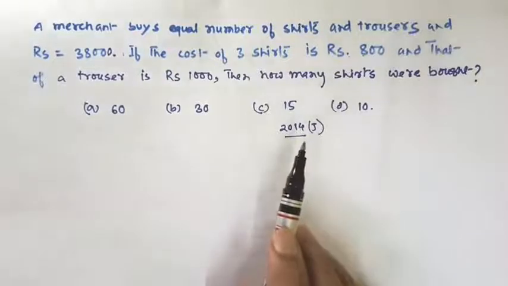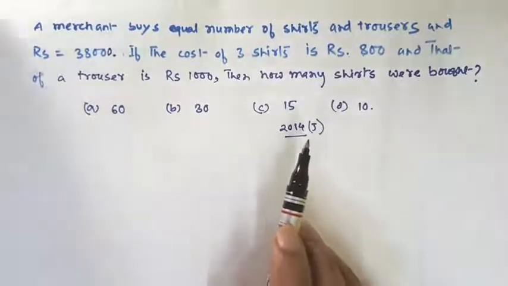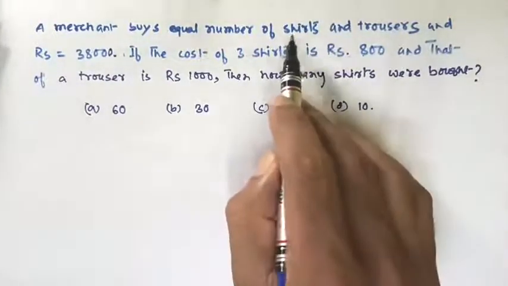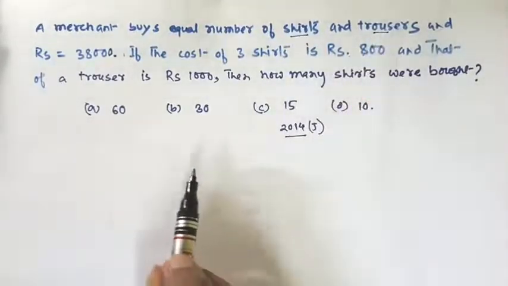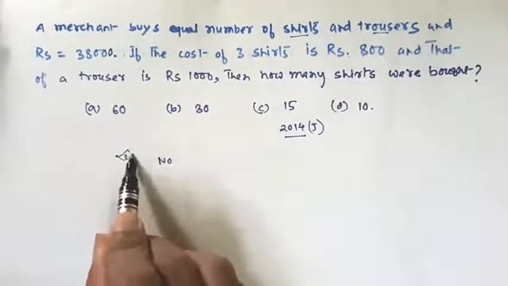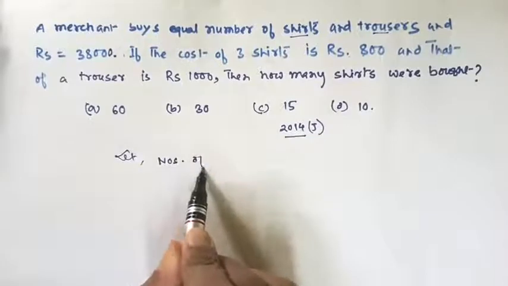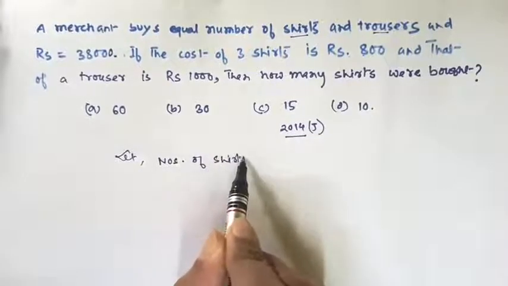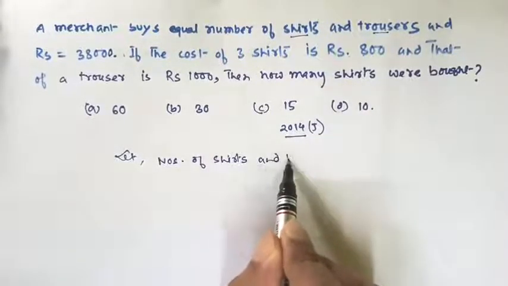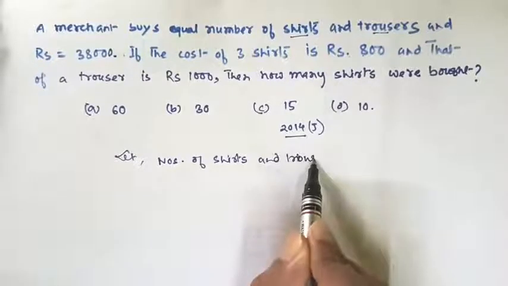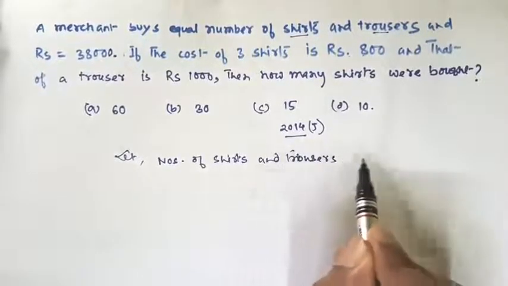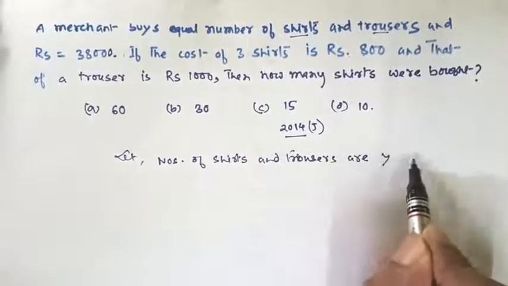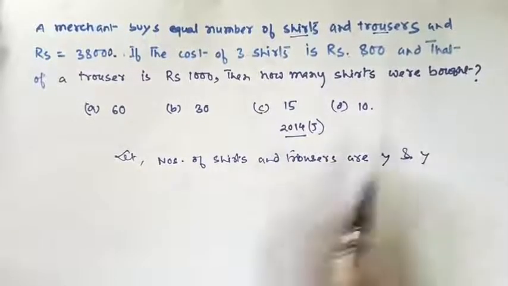In the question it is given that a merchant buys an equal number of shirts and trousers. So let us consider the numbers of shirts and trousers are y and y.